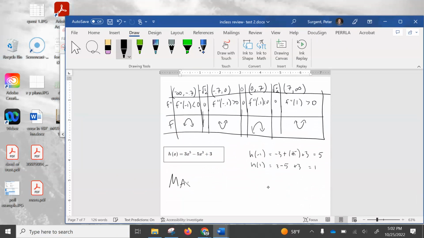So I get a maximum at -1, 5, and a minimum when x equals 1. And the output there should be 1.